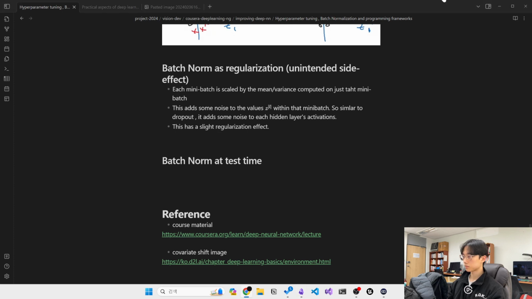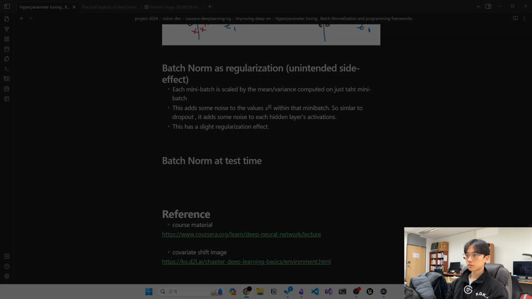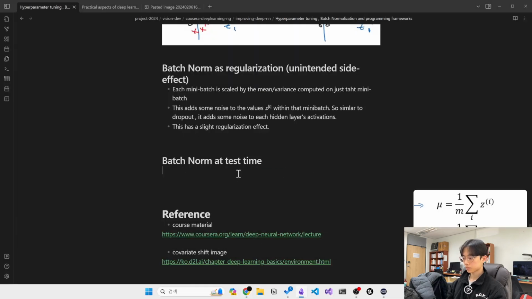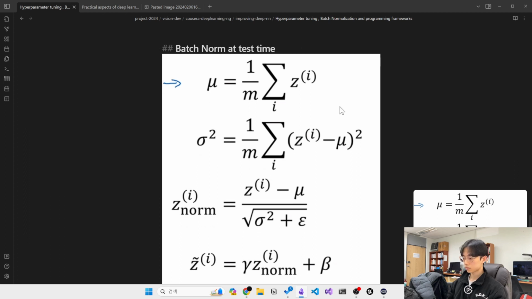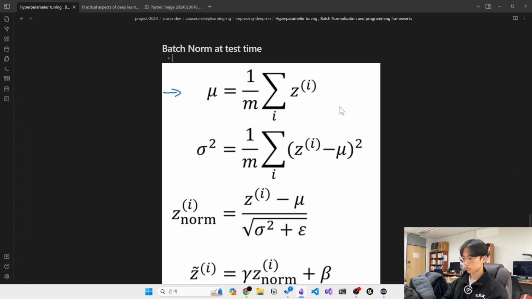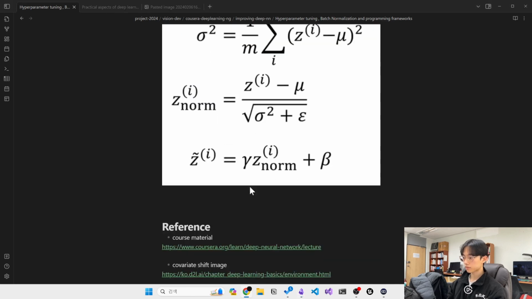So here, you're just summing over the examples in one mini batch. I'm using m to denote the number of examples in the mini batch, not in the whole training set.